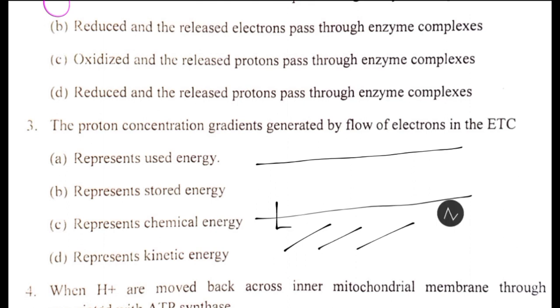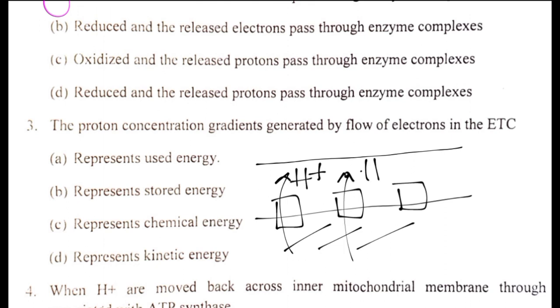So these complexes that are found in the inner mitochondrial membrane start transporting protons or hydrogen ions into that space from inside the mitochondria. Now, when we build up a high concentration of protons there in the intermembrane space, they will finally come down, back inside the mitochondria.